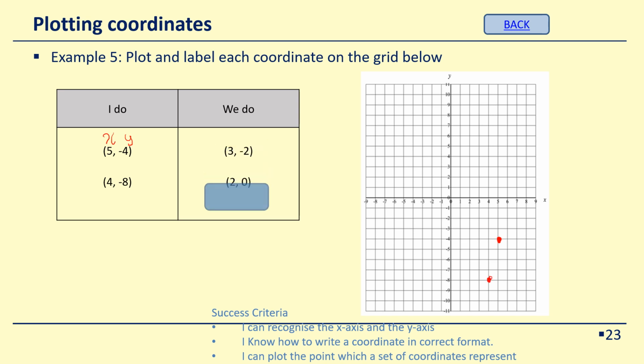So you do these two, pause the video. Okay, you should have got 3 to the right and 2 down for that one. And 2 across and none up or down. So that's (2, 0).